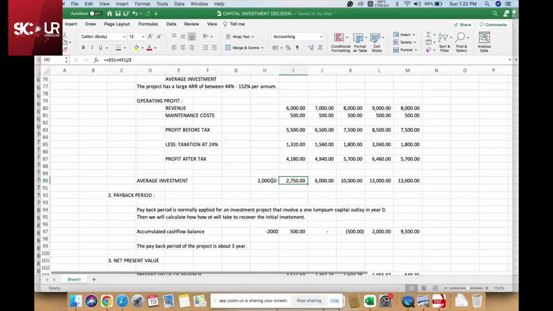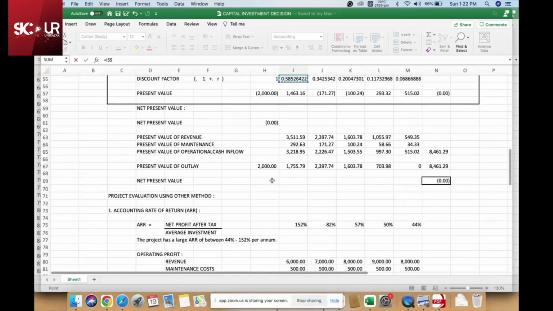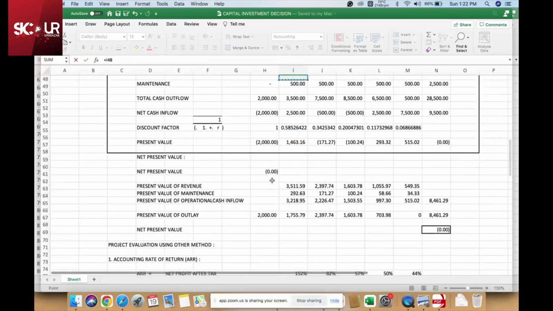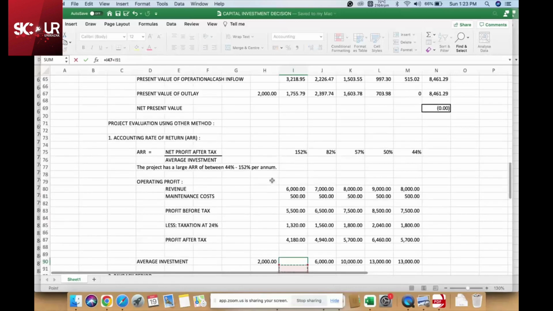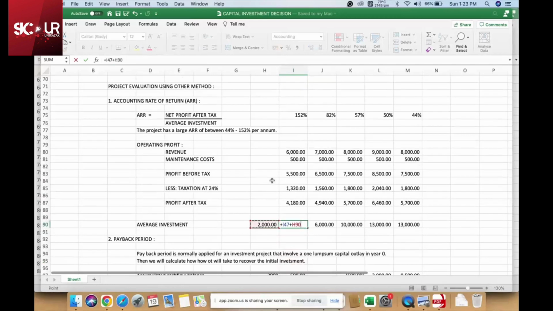Basically, what I did was I just used the average investment in year one, which is take the total investment in year one, total outlay, plus the second year from the year zero, then divide by 2. And for the following year, do we still divide by 2? Still divide by 2, because it is an average investment, so it'll always divide by 2.